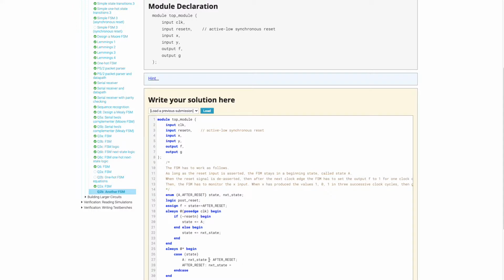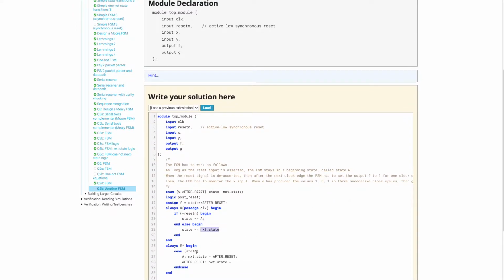So at reset, I really want to go to after reset, right, the next cycle. So next clock edge, I don't know if it's like negedge. That would be kind of complicated. We'll see. I'll just assume posedge as opposed to next clock edge, the FSM has to assert the output F to 1 for 1 cycle.